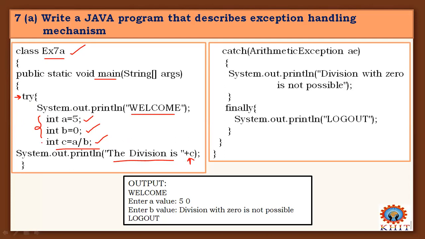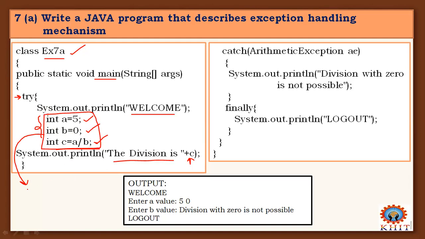This is the behavior of this try block. And we know that it generates an exception, division by 0. This is an arithmetic exception type. To handle the exception generated by the code inside this try block, that exception is automatically thrown by the control out of this try block.